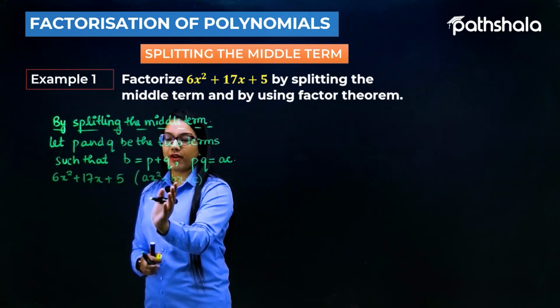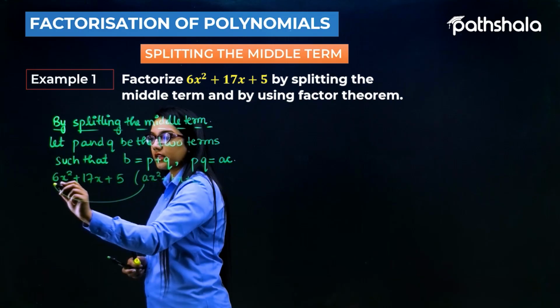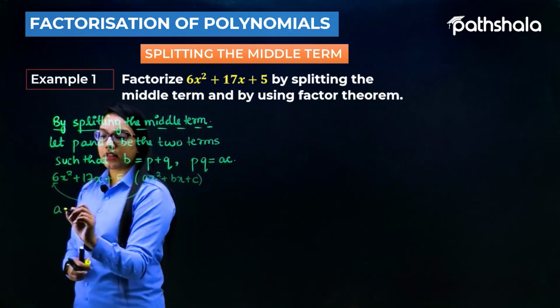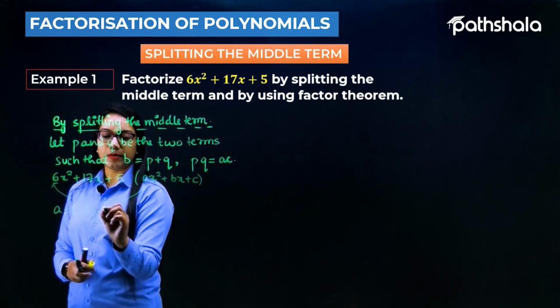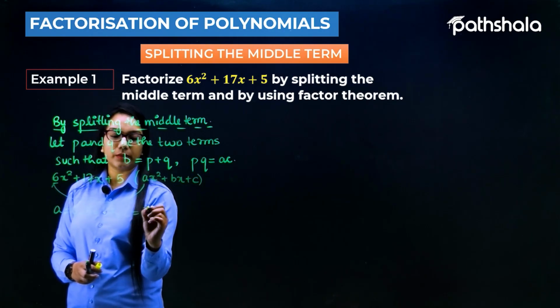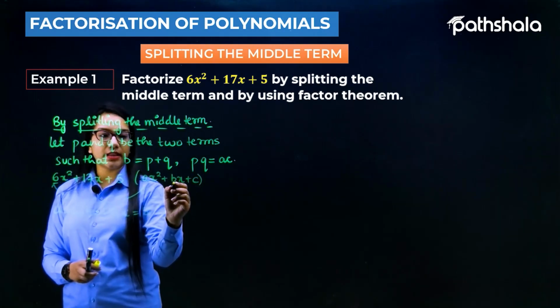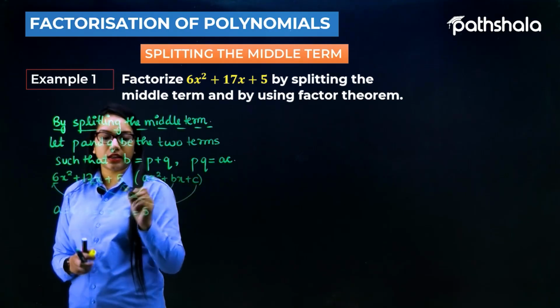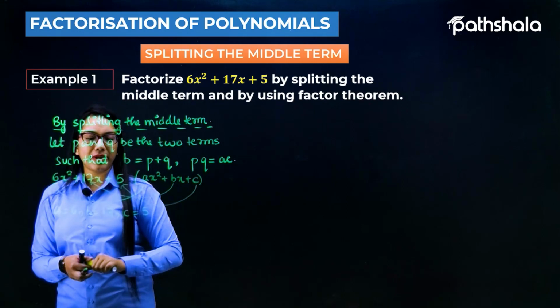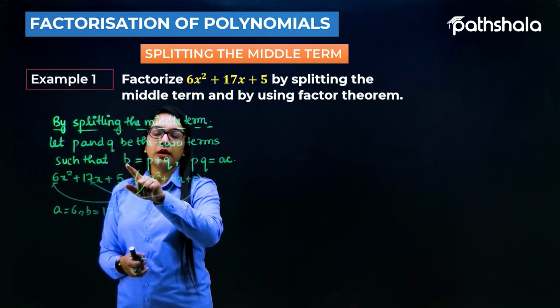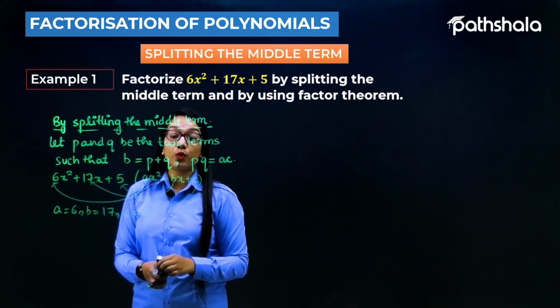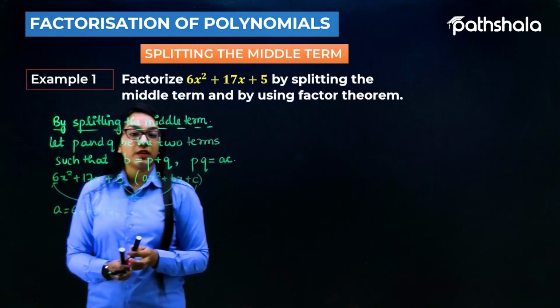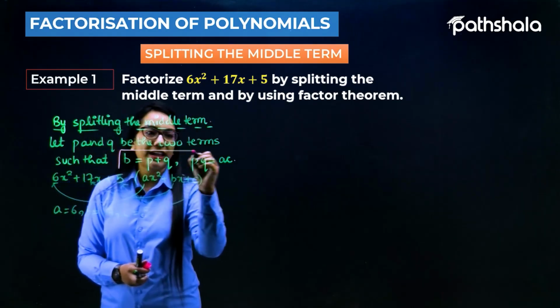We can see that the value of A is nothing but 6, B is nothing but 17 and C is nothing but 5. So using these A, B and C values in this expression, which is B is equal to P plus Q and PQ is equal to AC, what can we deduce?